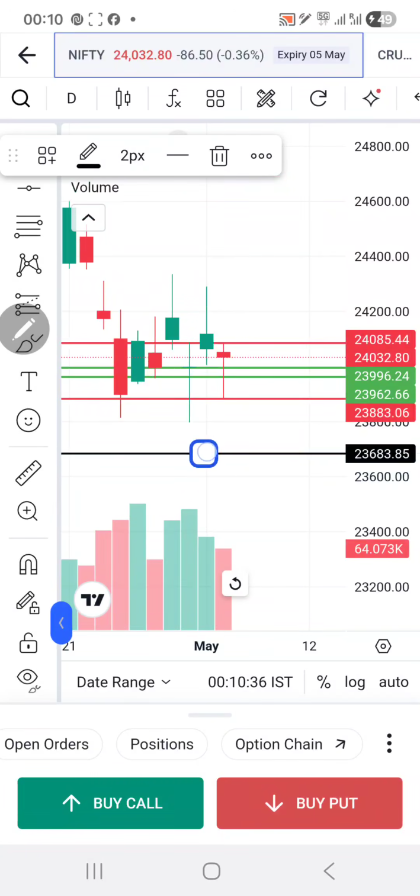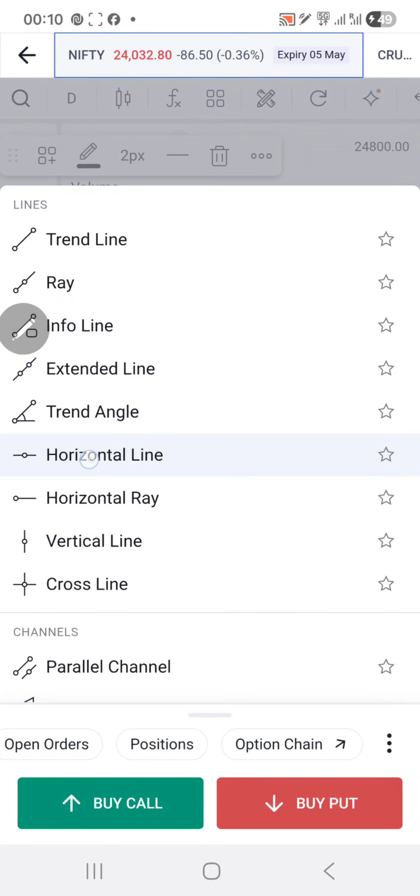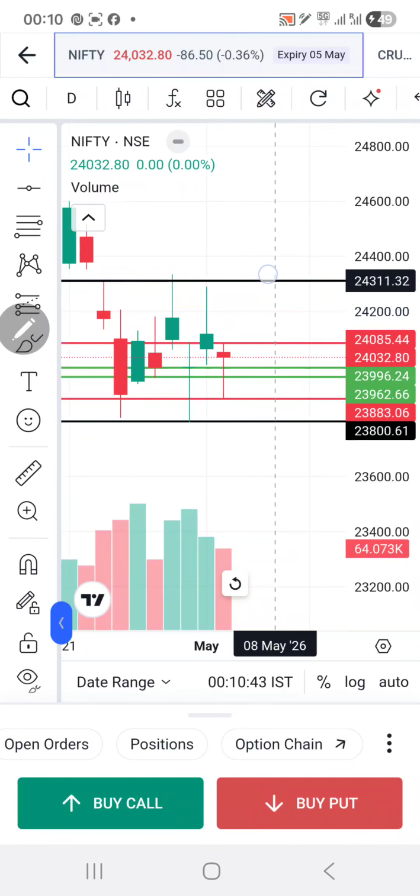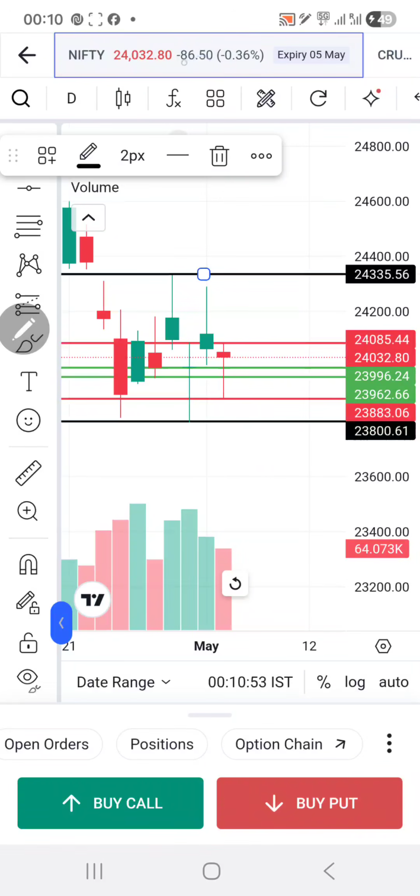So we have to carefully observe the range between 24,300 and 23,800. This is 200 points and 300 points, 500 points. When we checked the Sensex in the previous video, it was 1,500 points.